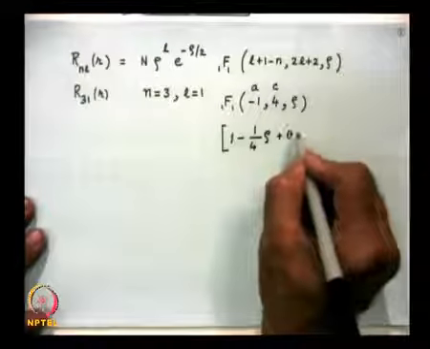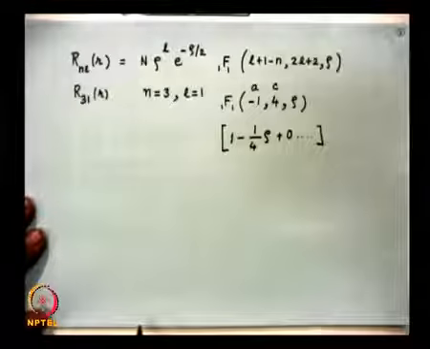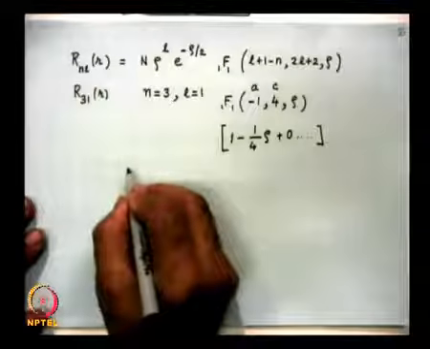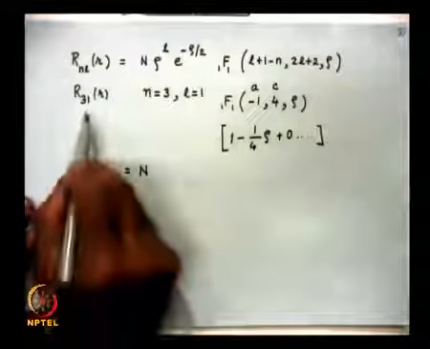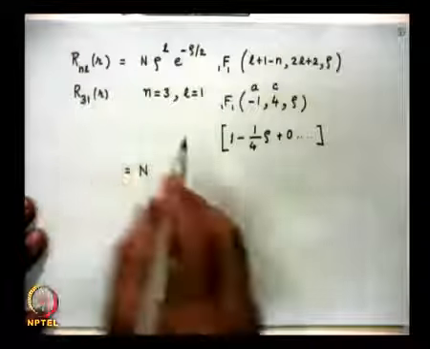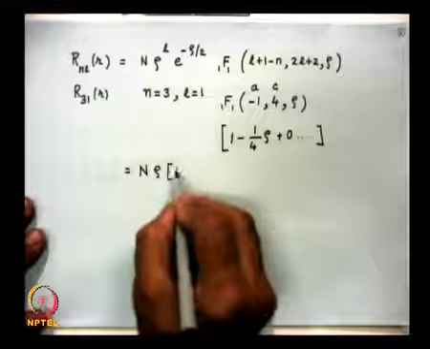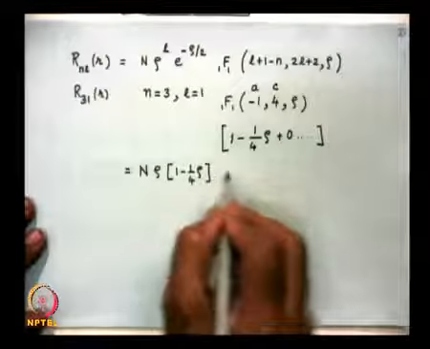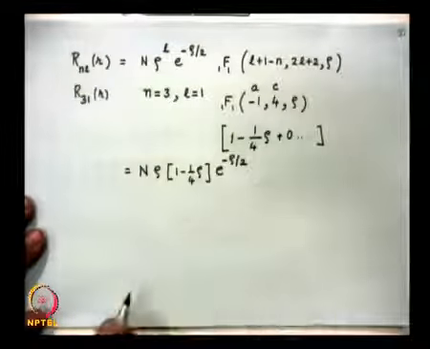So, this and all other terms will be 0. So, therefore, we will have this as N, L is 1, so this is just rho times 1 minus 1 by 4 rho, e to the power of minus rho by 2.